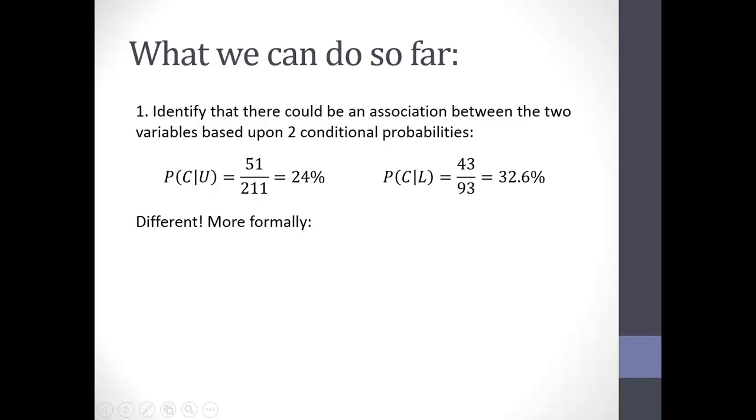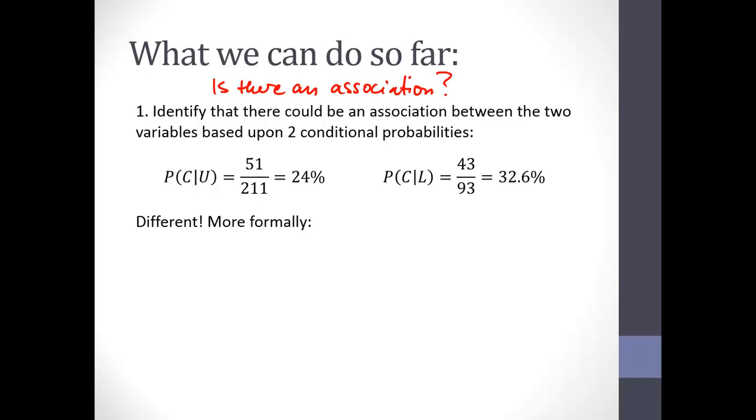More formally, to answer the question, is there an association between these two variables, you might remember back to chapters 10 and 12 when we looked at probability. We were getting at this idea there. We identified that there could be an association between these two variables based on some conditional probabilities.